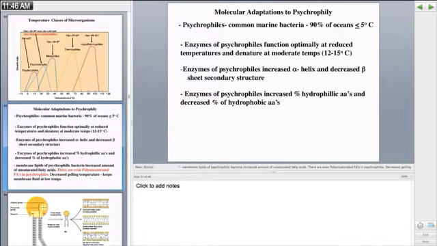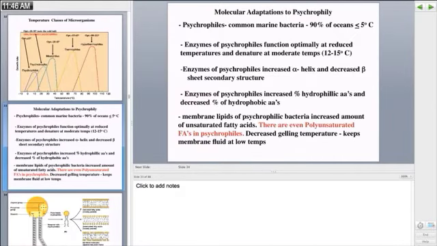They have an increased percentage of hydrophobic amino acids. And when we get to that point, I'll explain it there because I think it'll make more sense when we talk about how an increased percentage of hydrophobic amino acids will stabilize proteins at high temperature rather than the converse. But for the moment, you just want to leave that thought in terms of how psychrophilic enzymes have adapted.